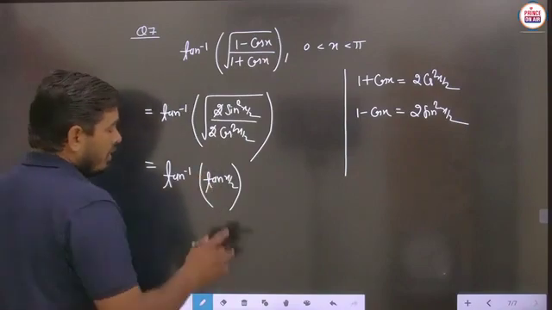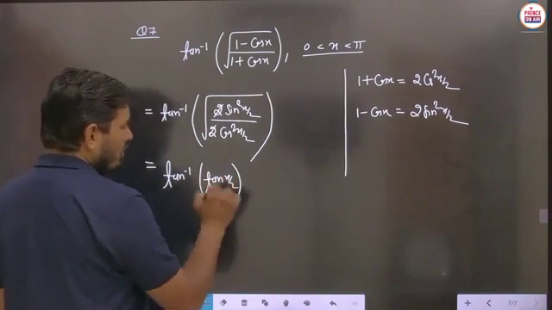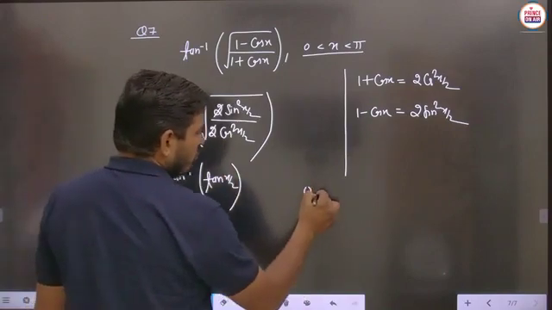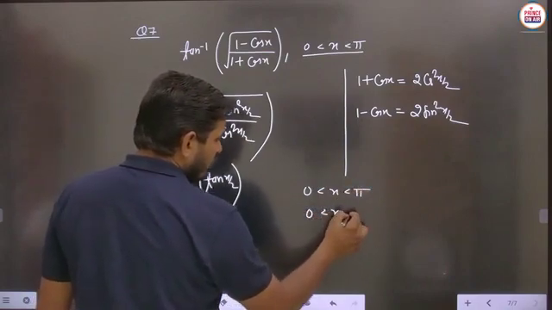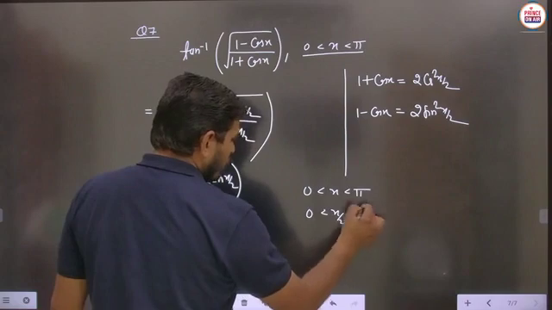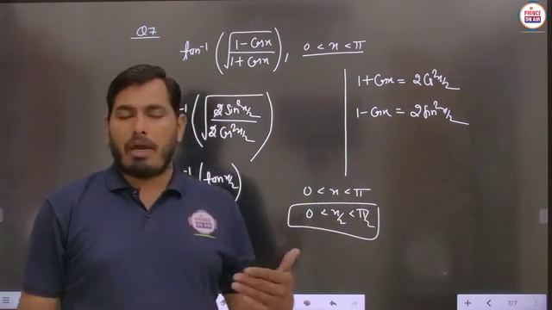Now the condition is x from 0 to pi, so here x by 2 will appear. Suppose x is from 0 to pi, then x by 2 belongs to 0 to pi by 2, and you know very well about the principal value of this tan inverse, that it is minus pi by 2 to pi by 2.